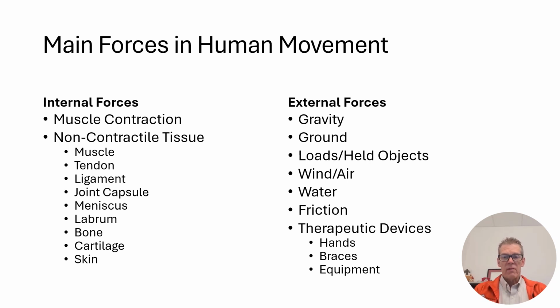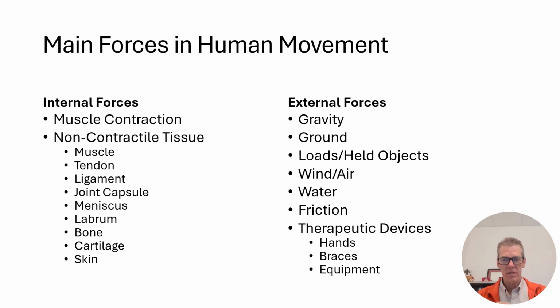So what are those main forces that we are dealing with or think about in our clinical application? Well, we can split them into internal and external forces. Internally, most of the forces we're thinking about are generated by muscle, so muscle contraction. And a muscle can't push, it can only pull. So you can't push a rope, right?